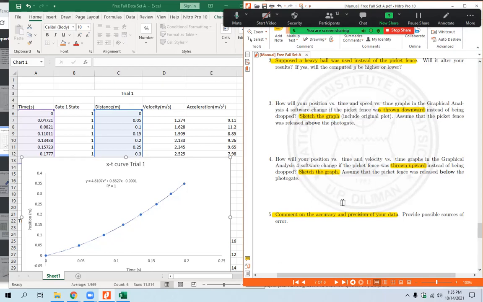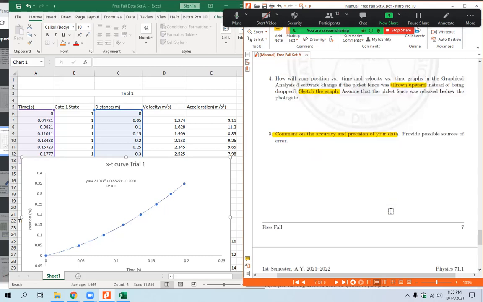So how do you reconcile the concepts of accuracy and precision with your data? As for the second portion of the question, provide possible sources of error, huwag nyo nang gawin ito kasi you're not doing the experiment. I can't expect you to get a good feel of the sources of error since you don't actually do it. So for question 5, first part lang, okay na ako dun. So, yun lang kailangan nyo sagutin.